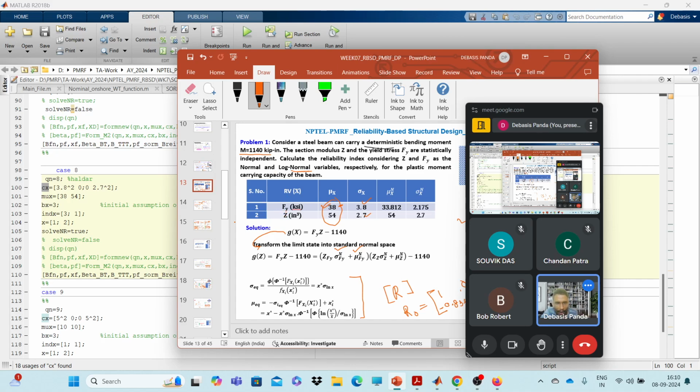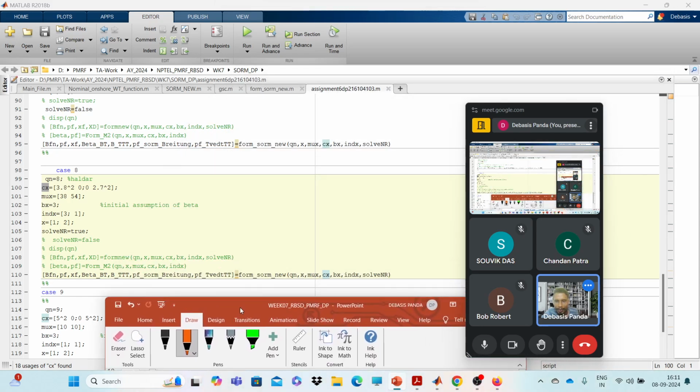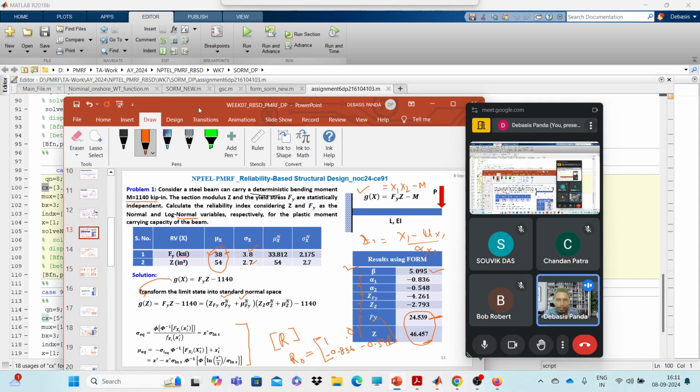For Fy we have provided 3 because in our FORM code, 3 was the index for the lognormal distribution. Now we have two random variables, 1 and 2.